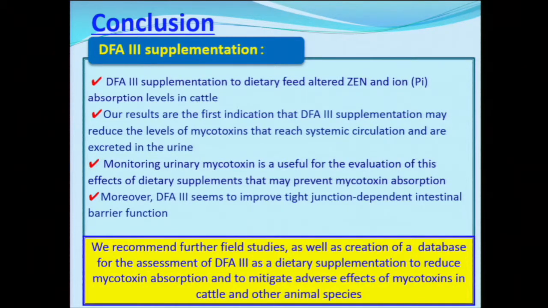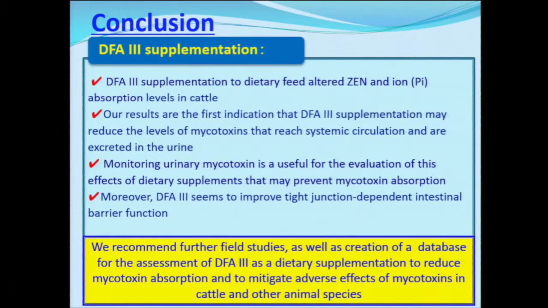Finally, we conclude as follows. Firstly, DFA III supplementation to the diet alters zinc, iron, and PI absorption levels in cattle. Our results are the first indication that DFA III supplementation may reduce the level of mycotoxins that reach systemic circulation and are secreted in the urine.